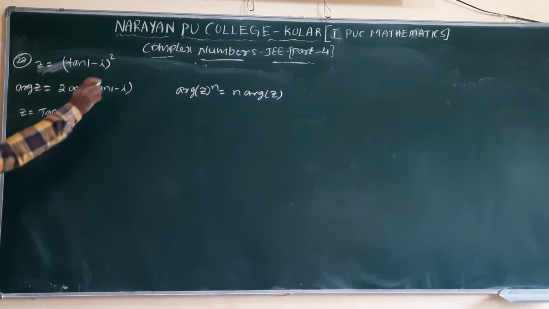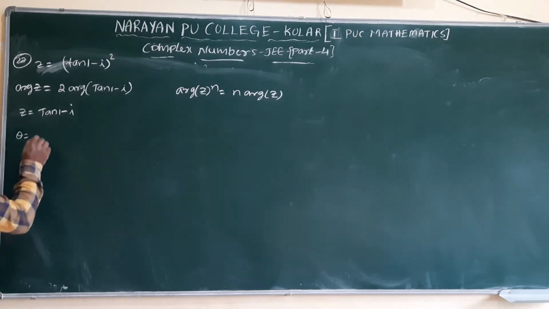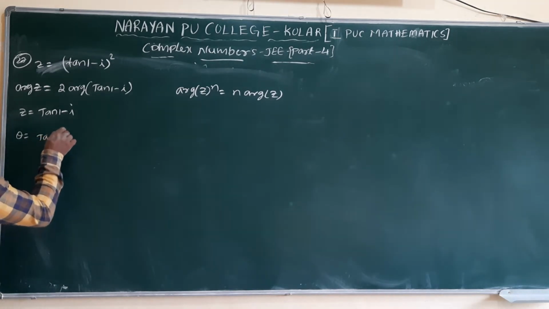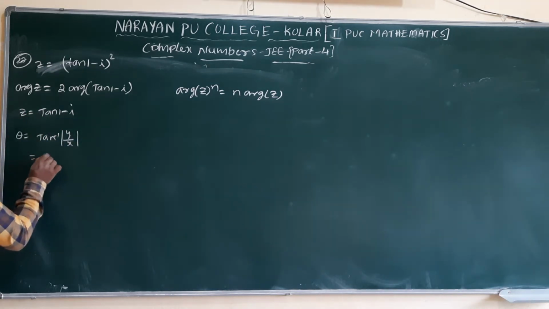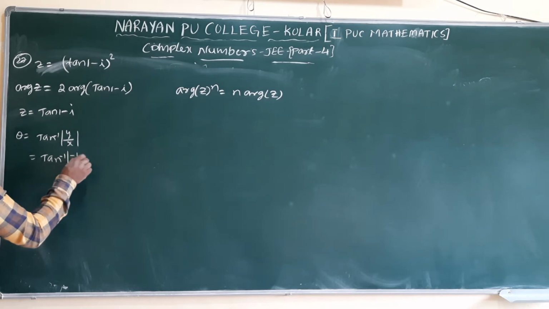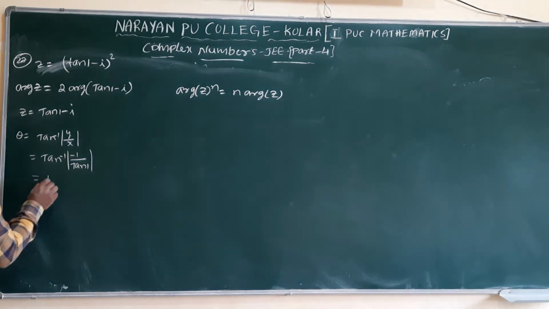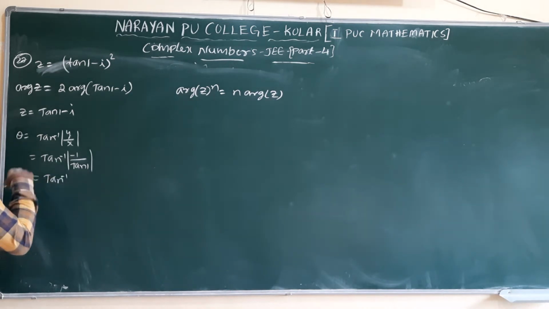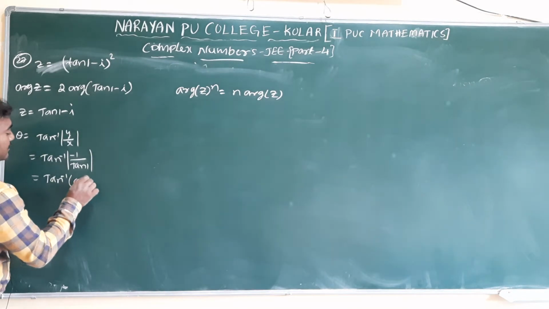So here theta is equal to tan inverse of modulus of y by x. But here it is tan inverse of y value minus 1 divided by tan of 1. So tan inverse of modulus, we have taken modulus as 1 by tan 1, which we have taken as cot 1.